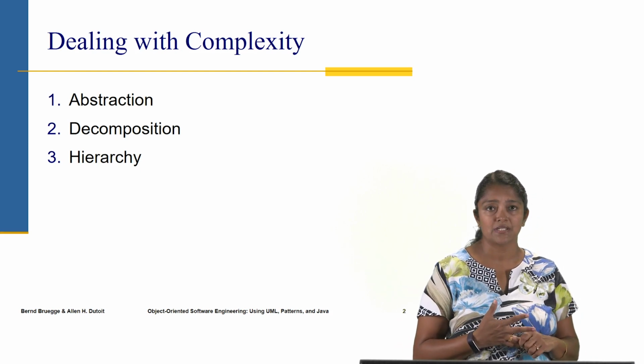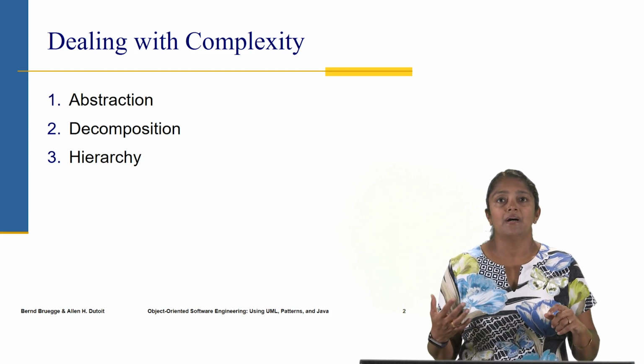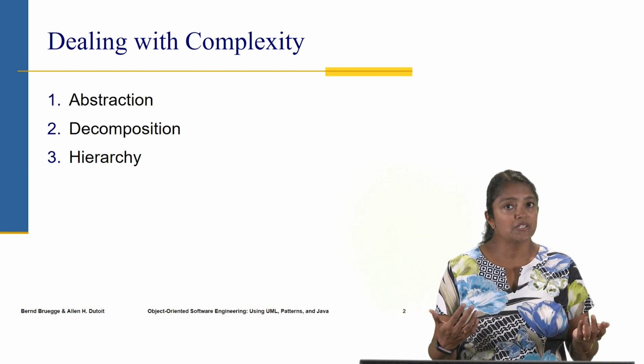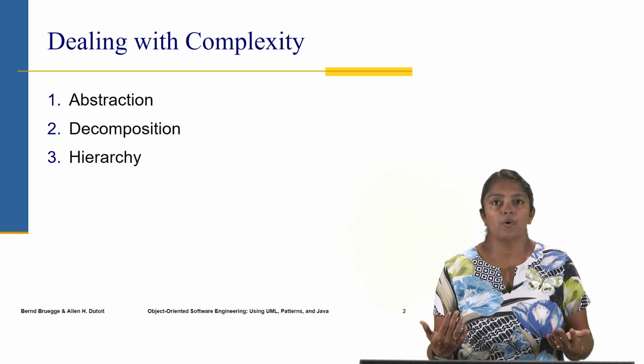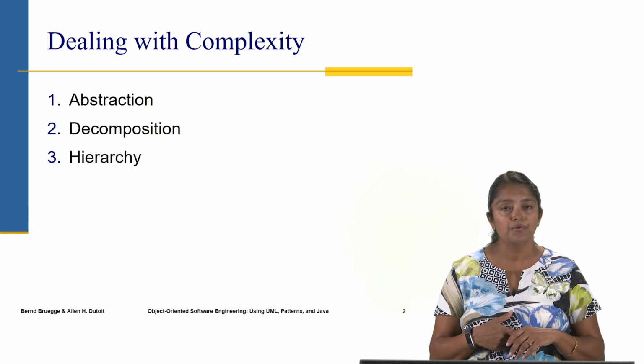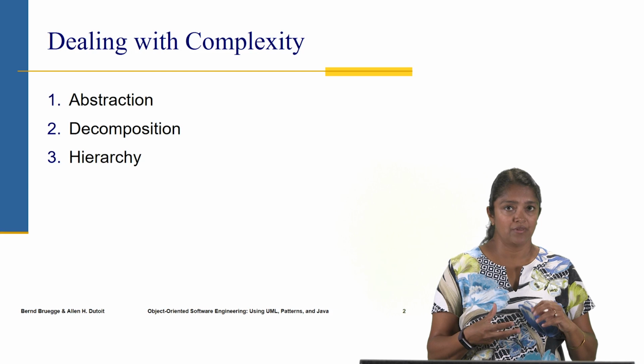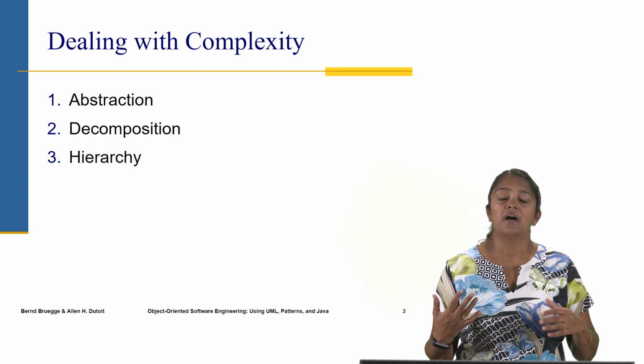It provides extreme flexibility. With all of these constraints, we want to make sure that high quality software is produced within a given budget and within a given time frame.